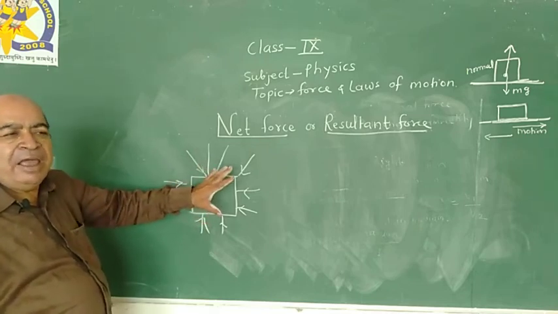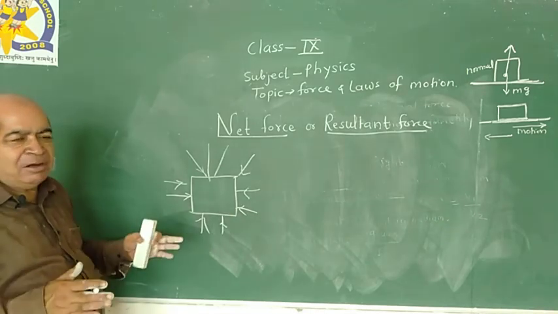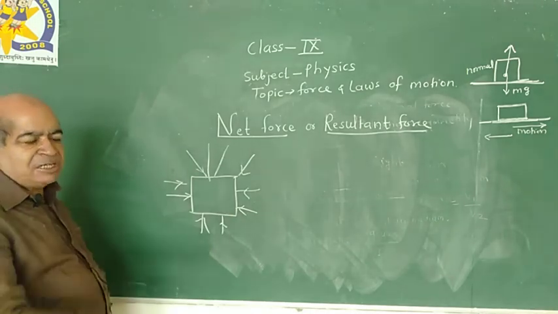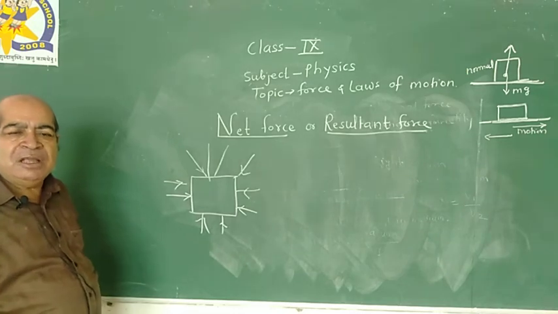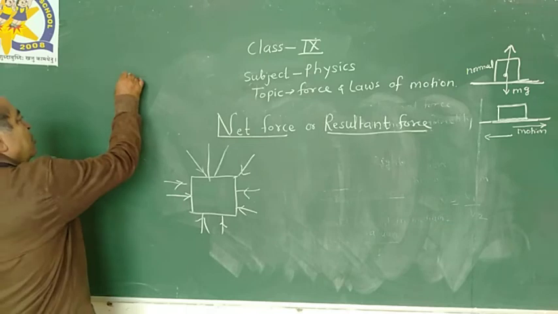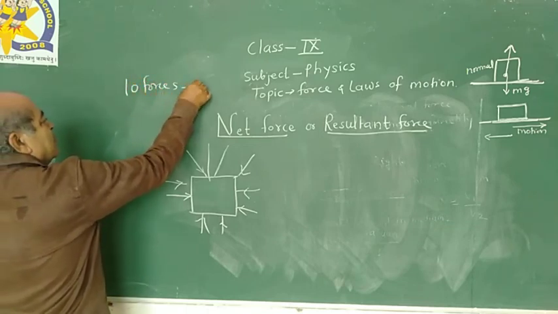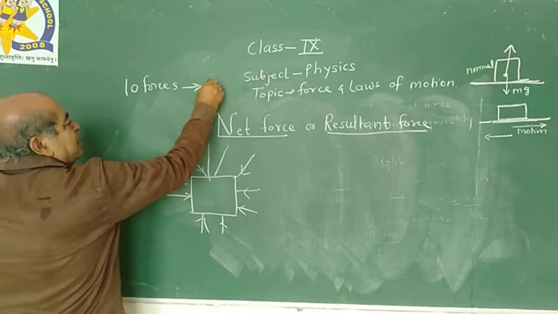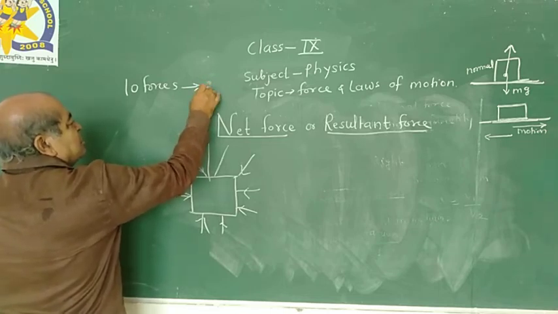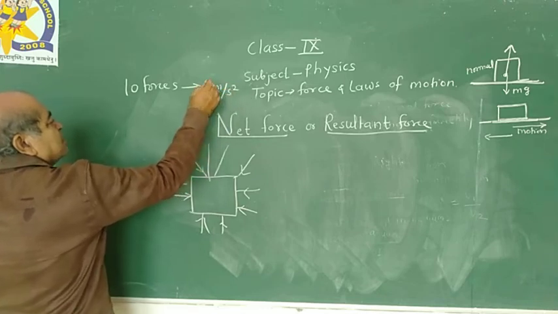they produce some acceleration. That means when force is acting on the object, it is set into motion and acceleration is produced. So when 10 forces are acting on the object, they produce an acceleration equal to 5 meter per second square.